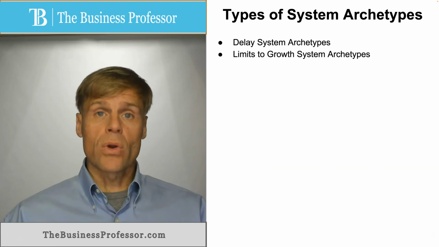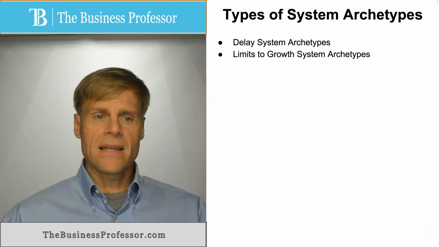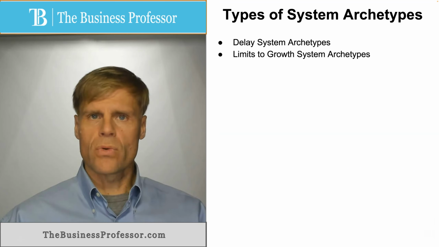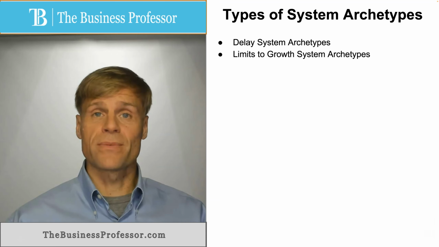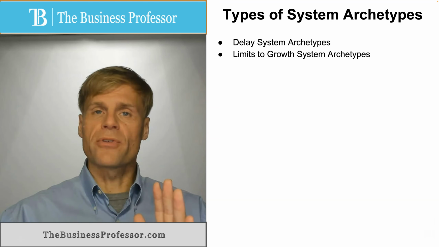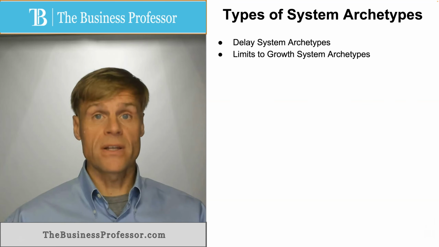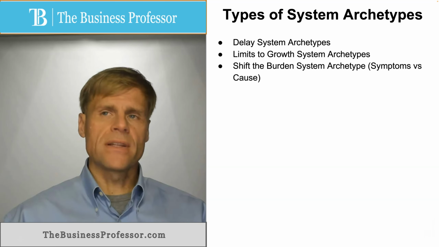The limits to growth archetype is where you notice that all activities that are seeking to cause growth are actually having a counter effect. It's kind of the law of diminishing returns, that if you try to fine-tune something too much, any subsequent action to get further performance out of it has diminishing returns and ultimately can actually even hurt performance.